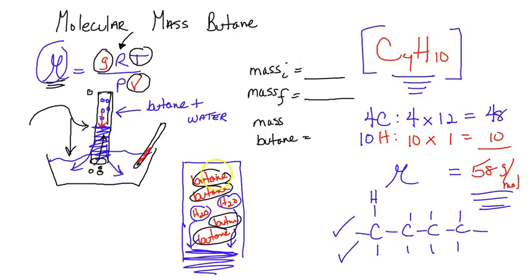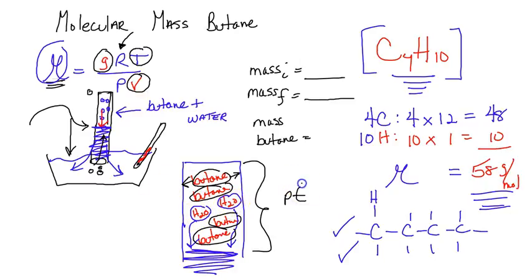But if you think about that even further, if there are more butane molecules, then there are more collisions due to the butane molecules, which means if we know the total pressure in this top part, we have to consider that part of that pressure is due to the water.